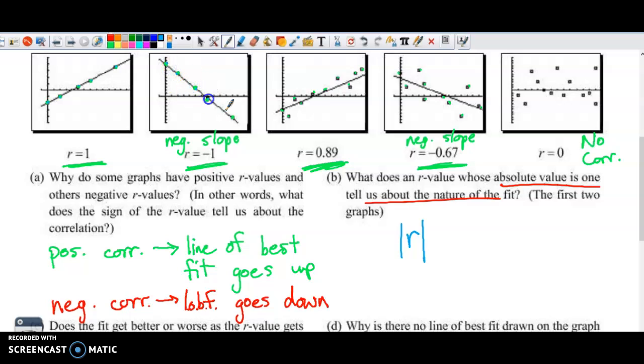So if it's closer to 1, that would be indicating that all the points on the scatter plot are closer to the line of best fit.